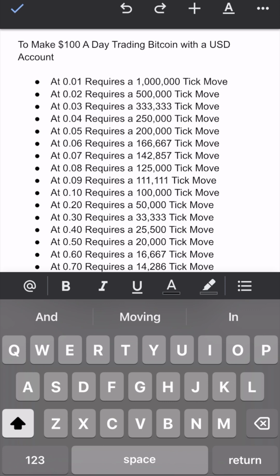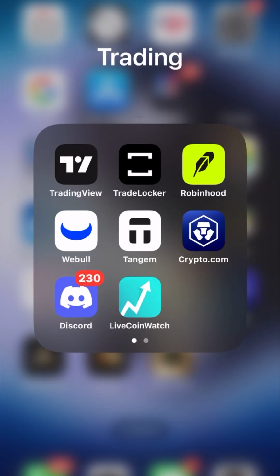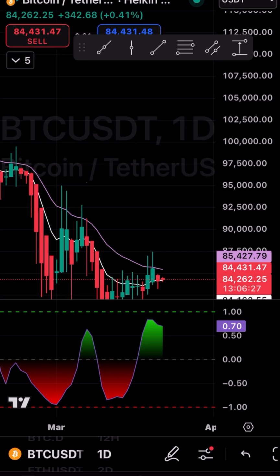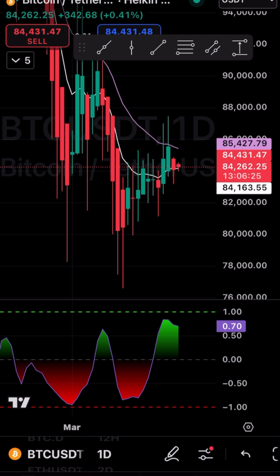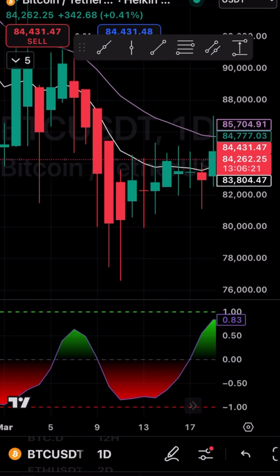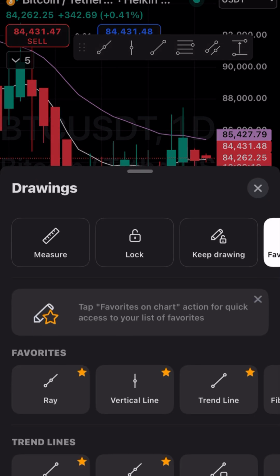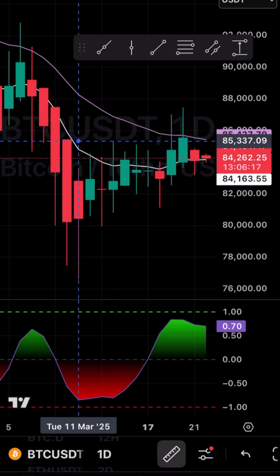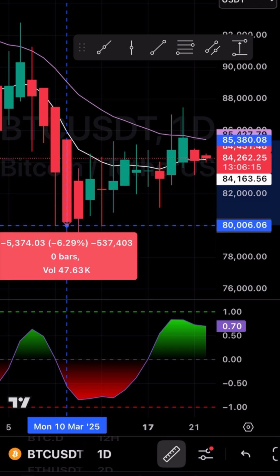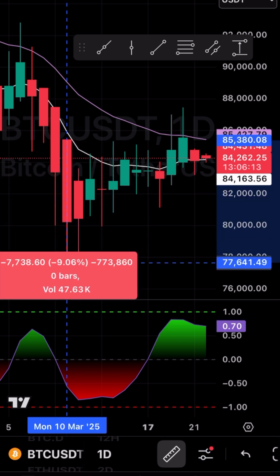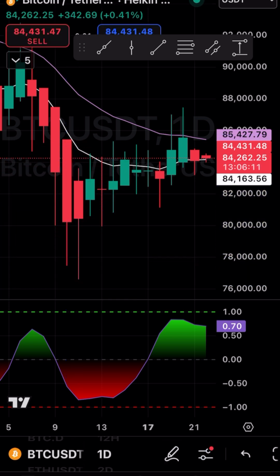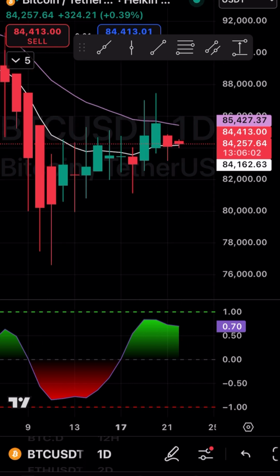Looking at the charts, if we look at the daily and get an average, let's take this candle right here. From here down to here, it moved about $7,000. So it will be very hard, and you're not going to be able to catch a $10,000 move every day.